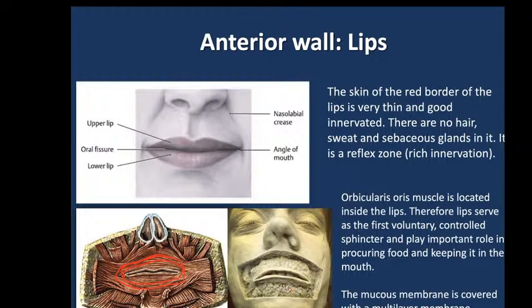It is here. All of these structures are small salivary glands which are located in the mucous membrane of the lips.